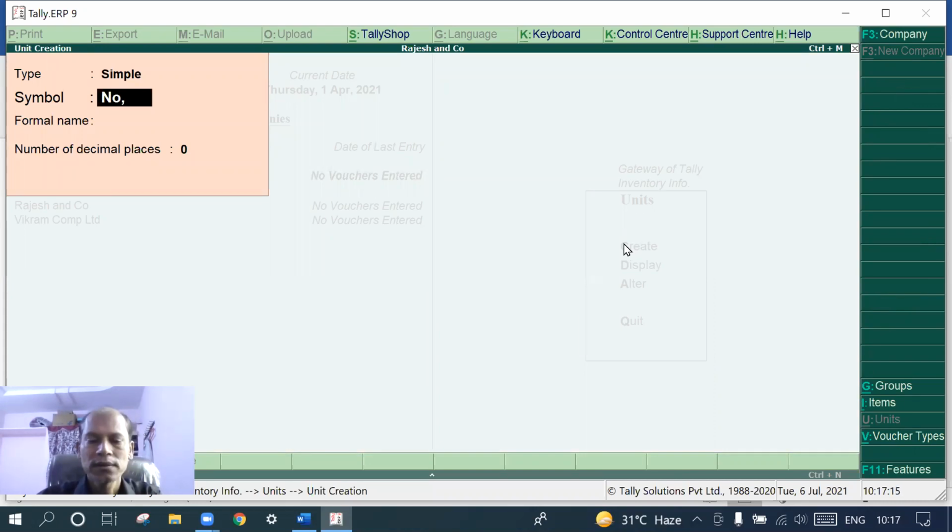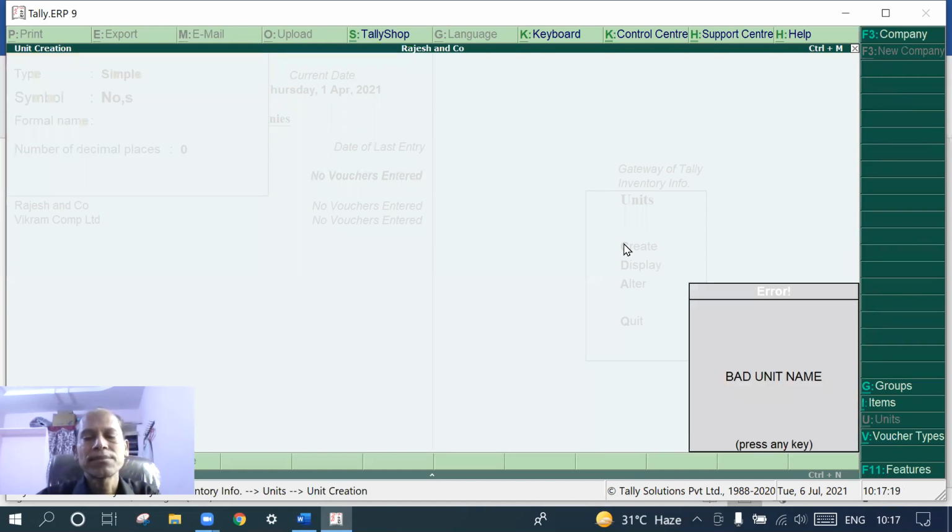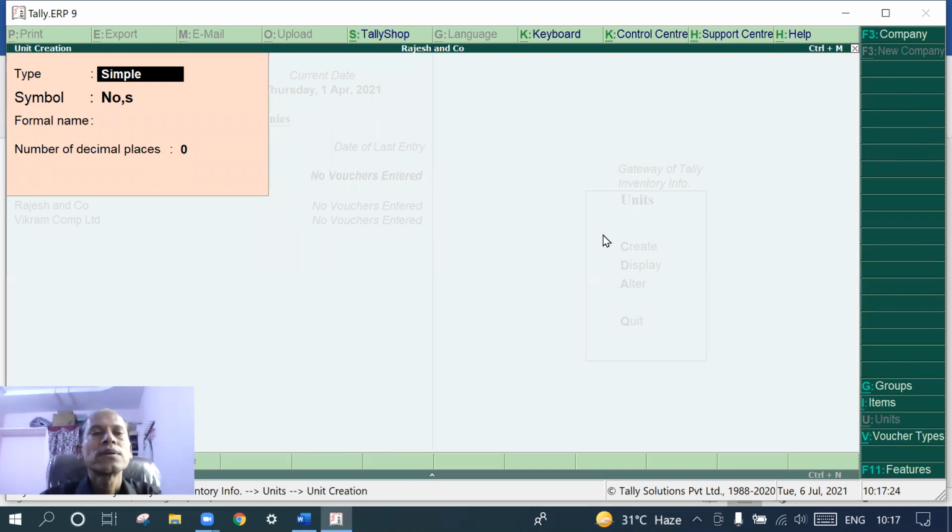Enter, enter, enter. Accept. So numbers, N O. Enter. Okay, over. On the name of numbers, a unit is created.